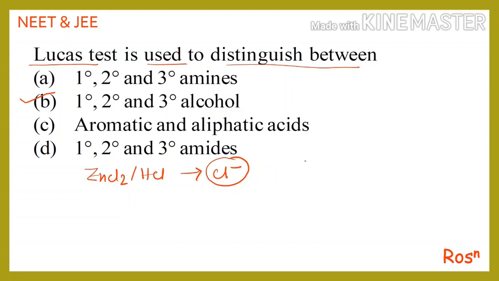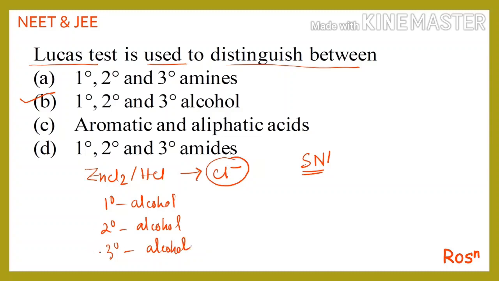Okay, so the reaction is SN1 reaction. Here the reaction is SN1. That means here the carbocation is formed at the first. Now for the 1 degree alcohol, 2 degree alcohol and 3 degree alcohol.